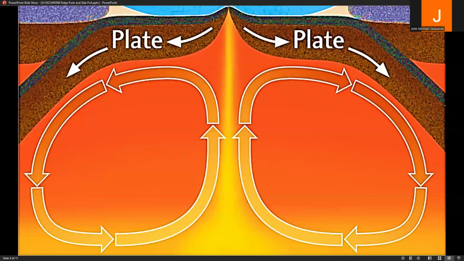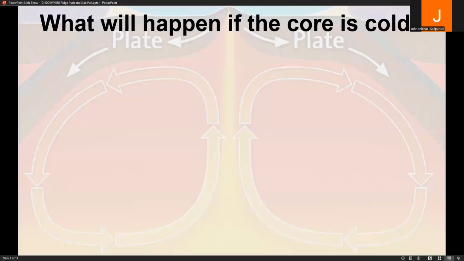All right. Because we're done with convection currents and ridge push and slab pull, which drive tectonic plates, what will happen if the core is cold? Convection currents only occur because the core is hot. Obviously, there will be a lot of repercussions.